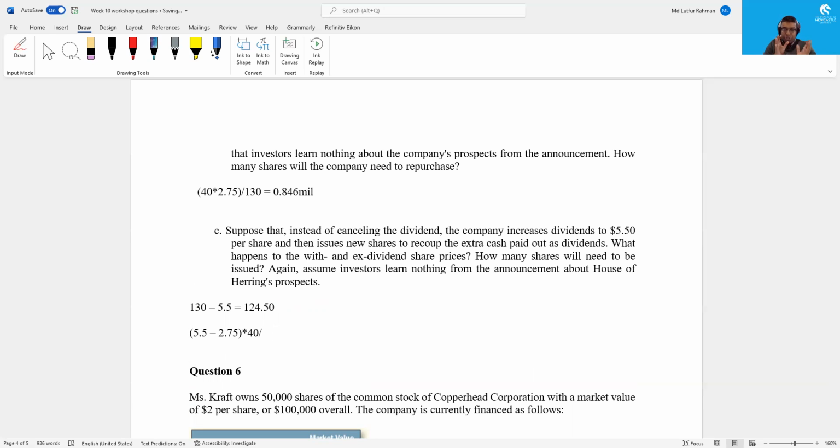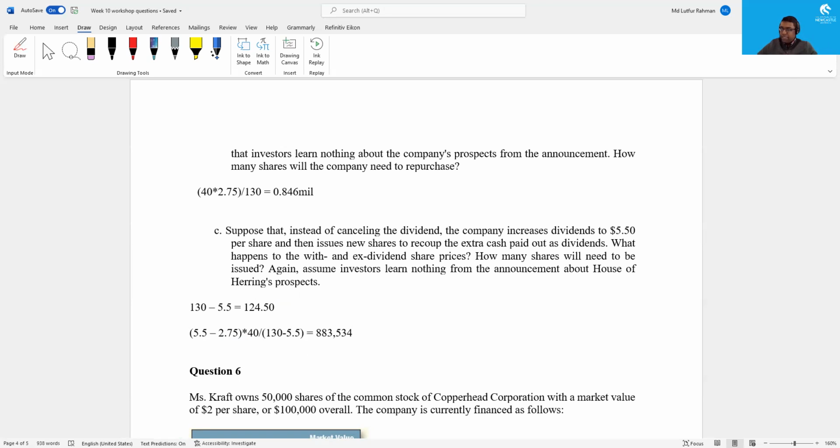Now, if they want to cover this by issuing shares, the share price will be this, each share price. So this part is the amount of money they need to raise, and this will be the per share price. So you get how many shares you need to issue. It should be 883,534 shares they are going to issue.